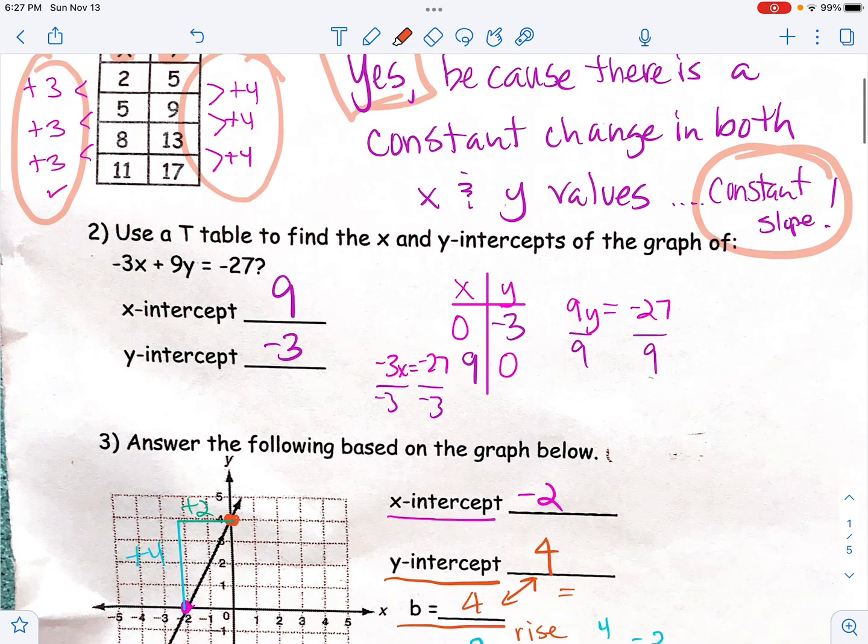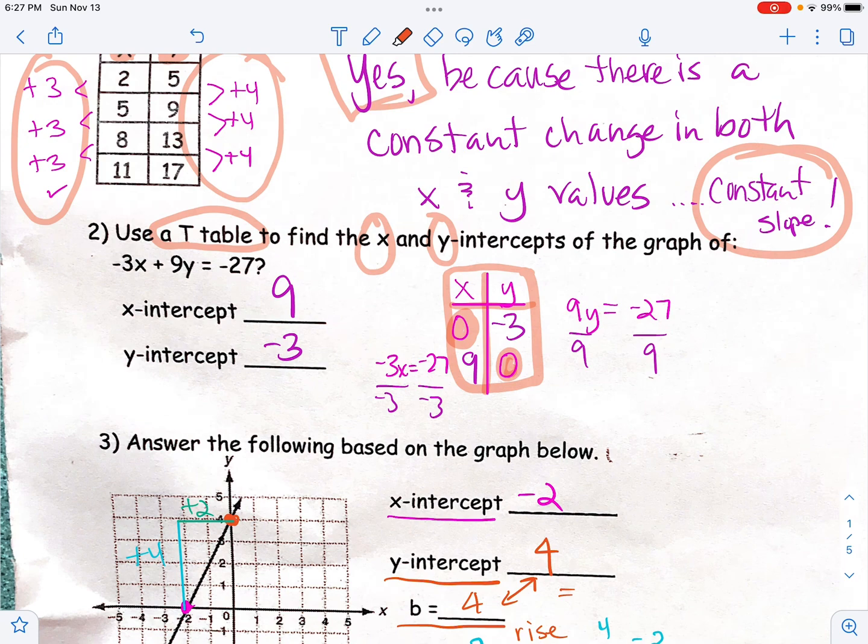Number two said to use a T table. This is a T table, literally the letter T here, to find our x and our y intercepts. And we know we find an x-intercept when y is 0, and we find a y-intercept when x is 0.